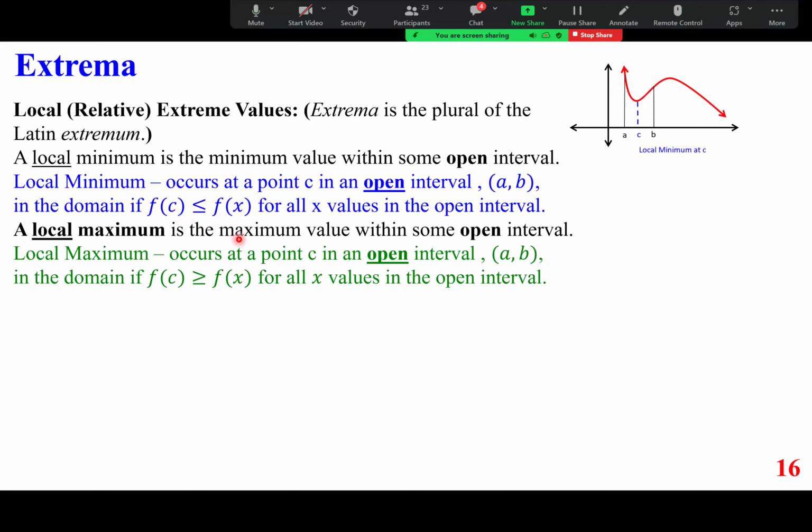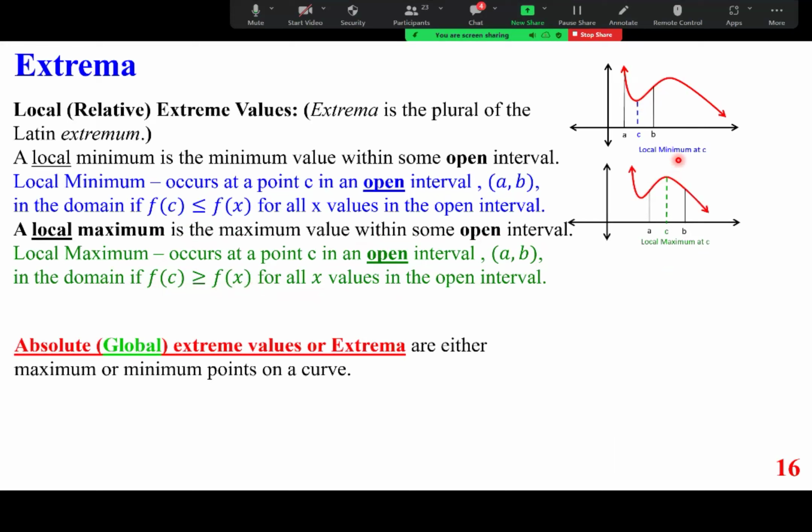A local max is the maximum value within some open interval. A local max occurs at a point c in an open interval of a to b in the domain if f of c is greater than or equal to f of x for all x values in the open interval. So local min, local max, peaks and valleys.